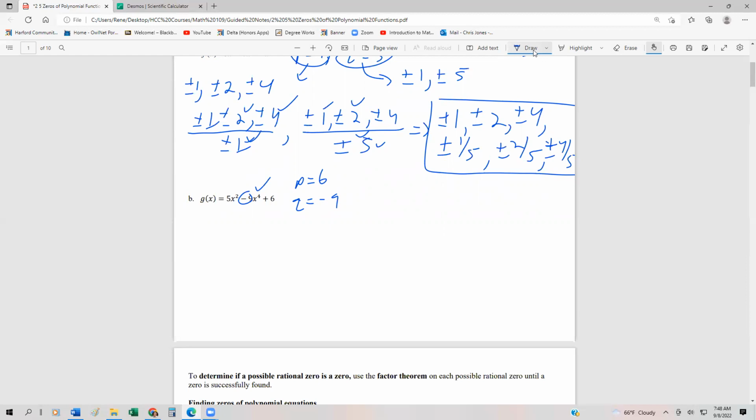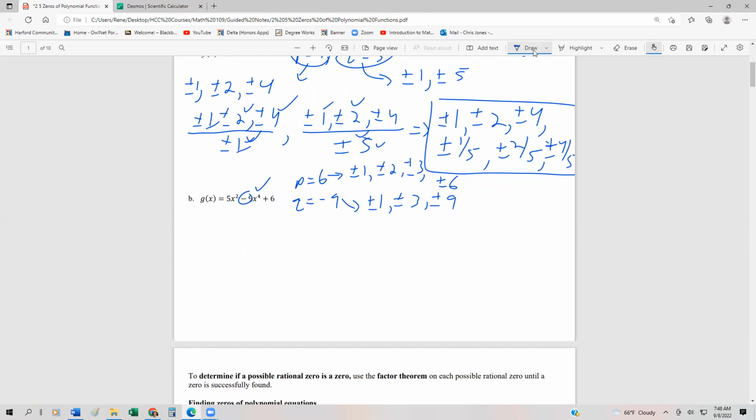And so the factors of 6 are plus minus 1, plus minus 2, plus minus 3, and plus minus 6. You just think of two numbers that multiply to be 6, and those are your factors. So 1 times 6 and 2 times 3. Factors of 9: plus minus 1, plus minus 3, plus minus 9.